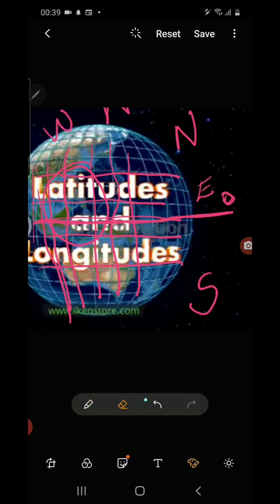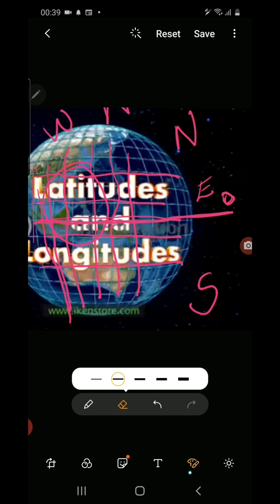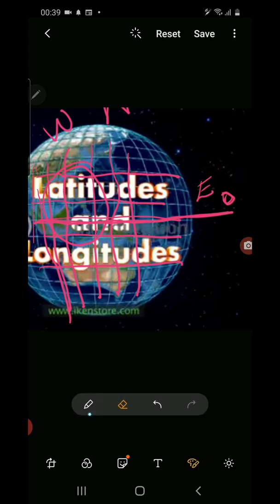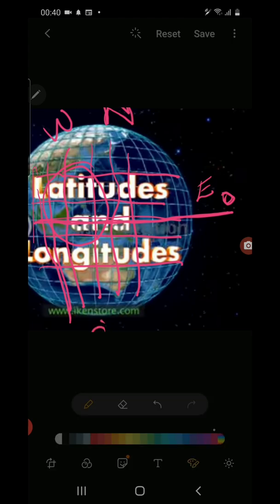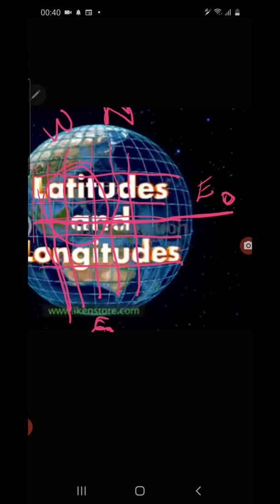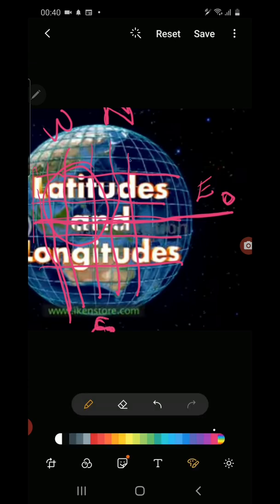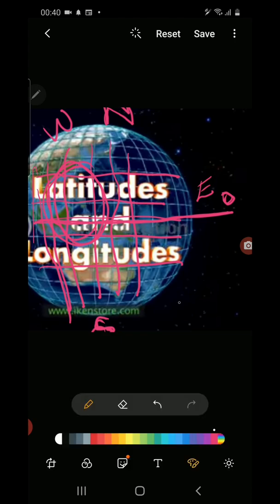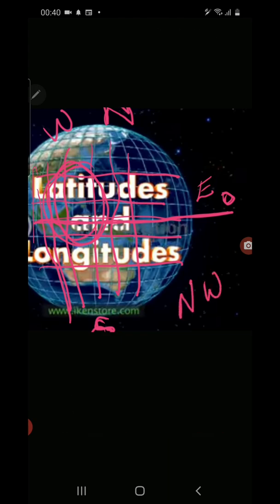So you should not be confused when I write north and south. Let me write this in the right place. So north will come here, this is north, and exactly at the bottom, this is south. So here northern hemisphere, southern hemisphere. This is east and this is the western hemisphere. So North America is lying in the northwestern hemisphere.